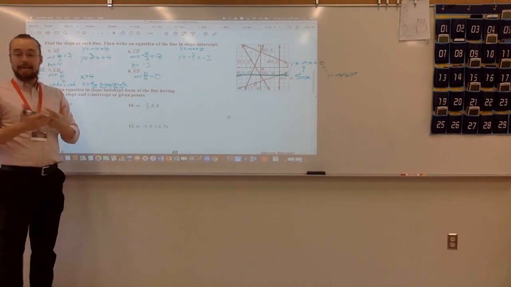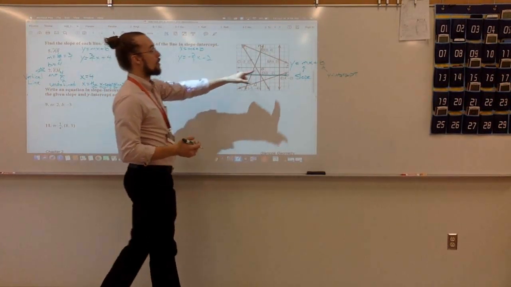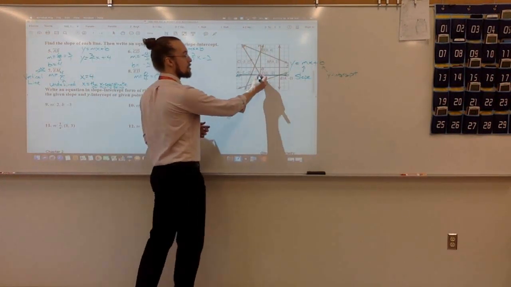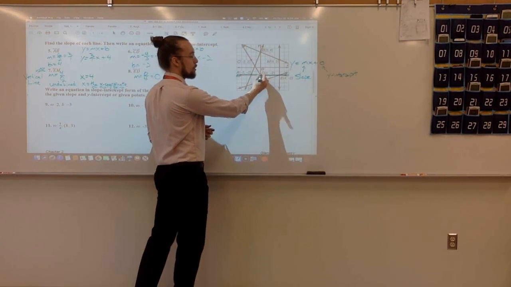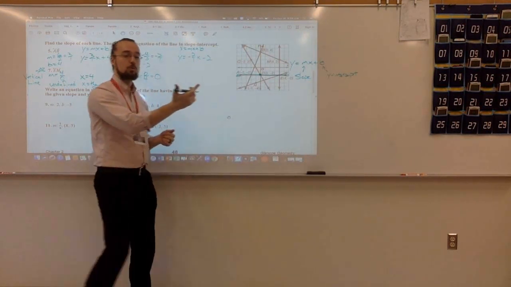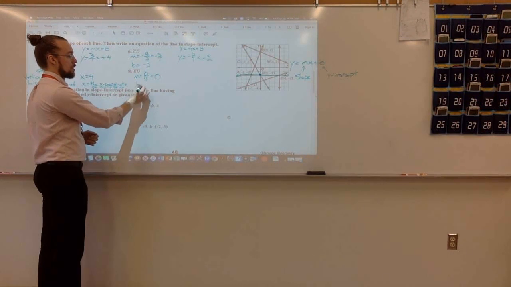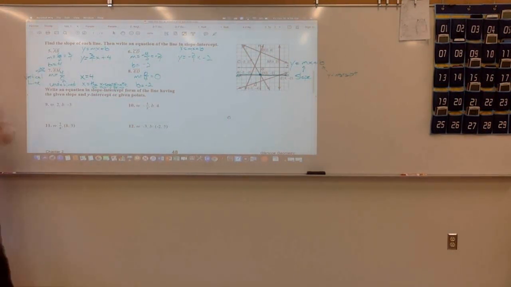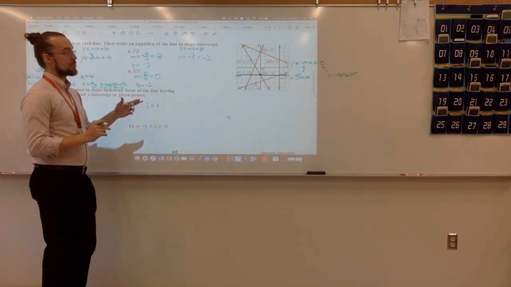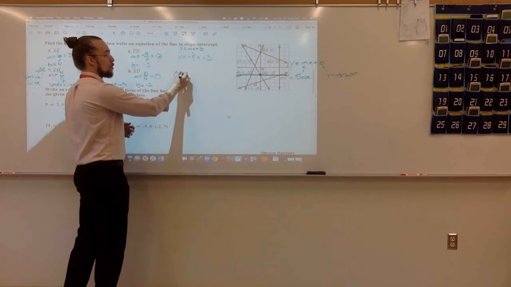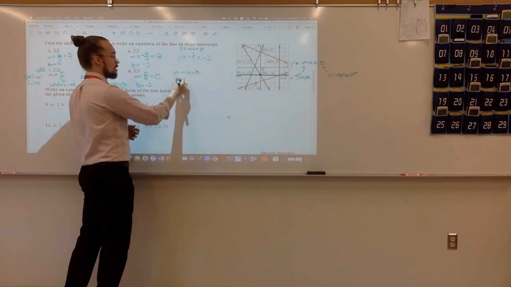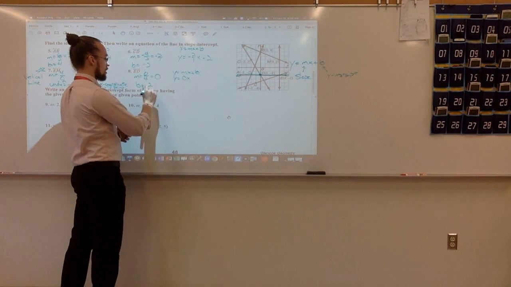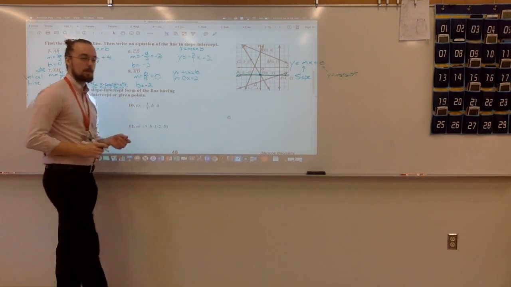Now, we can actually think about writing this in terms of slope-intercept, because this does cross the y-axis. My b value would be right here at -2. So if I plug this into y equals mx plus b, my slope is just 0 times x, and then my b is -2.